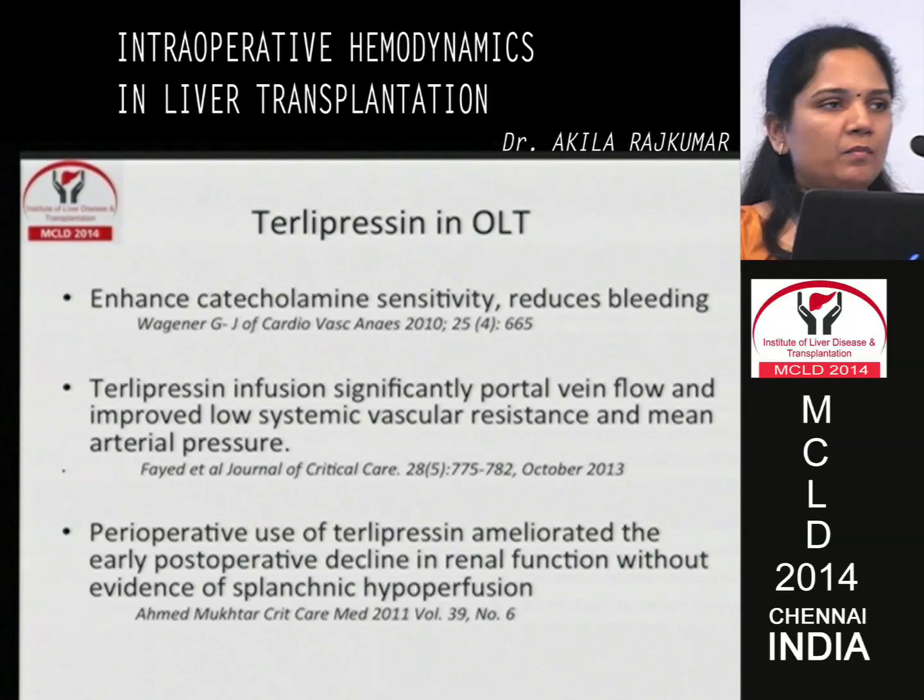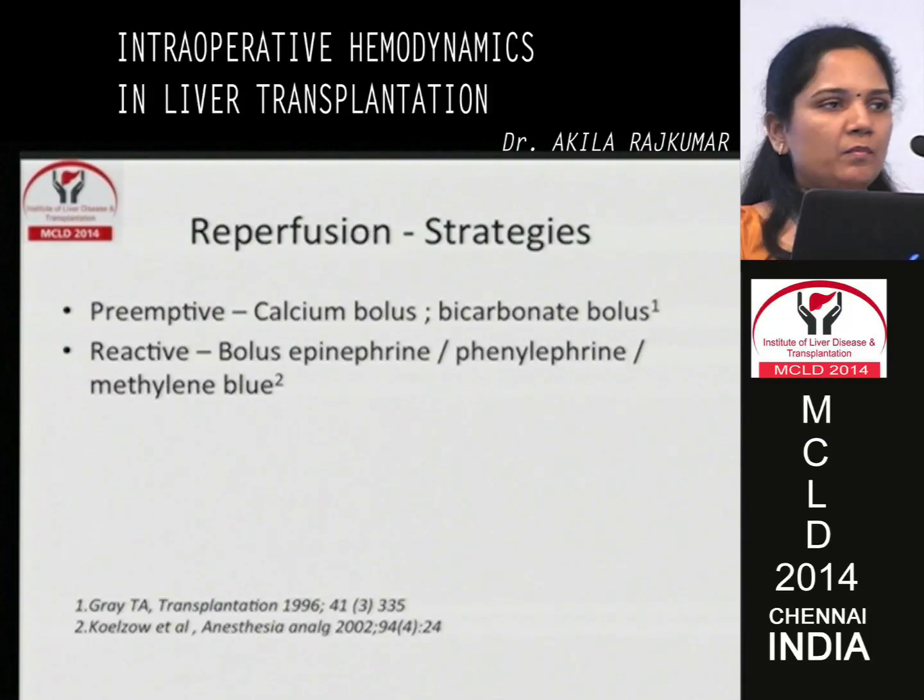So terlipressin infusion significantly reduced your portal vein flow, and improved systemic vascular resistance and the mean arterial pressure. The concern of splanchnic hyperperfusion has also been evaluated, and it is found that it does not cause much splanchnic hyperperfusion.